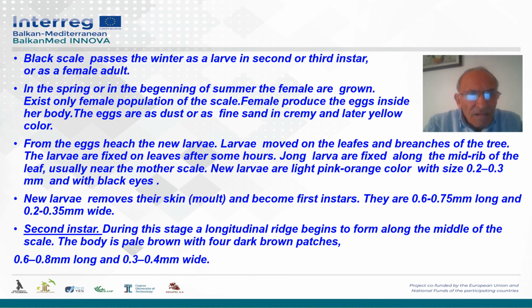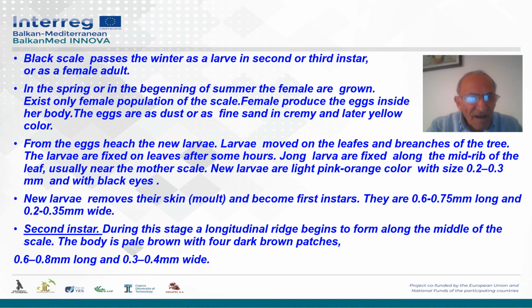Black scale passes the winter, that means overwintering, as a larva in second or third instar, or as a female adult. In the spring or at the beginning of the summer, the females grow. Only a female population of the scale exists. The female produces the eggs inside its body.